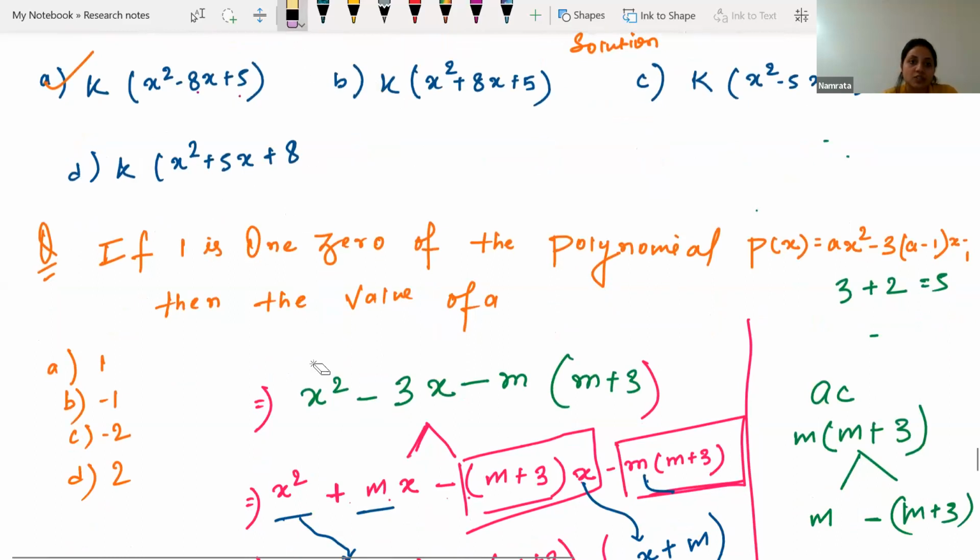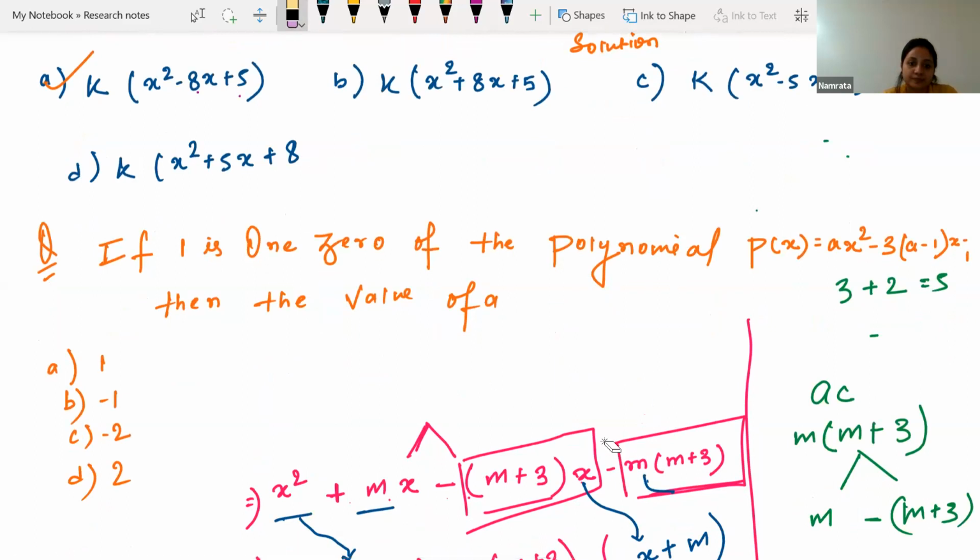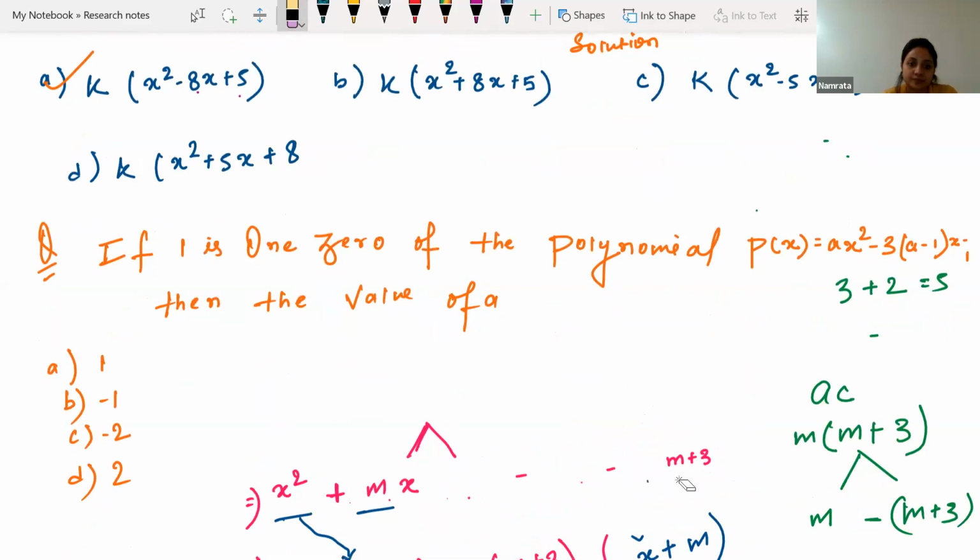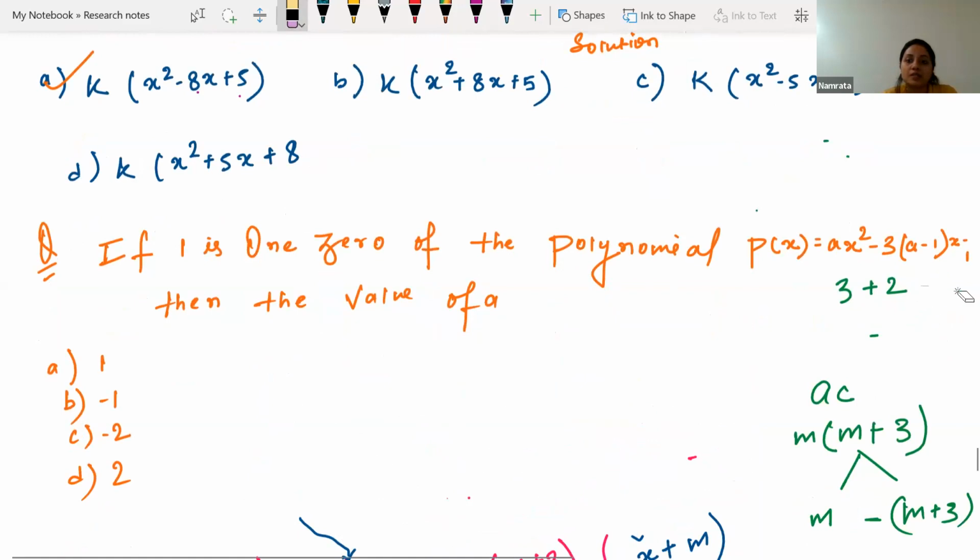The next question says that if 1 is one zero of the polynomial, this is the polynomial we are having. Our polynomial is ax square minus 3 times a minus 1 x minus 1.